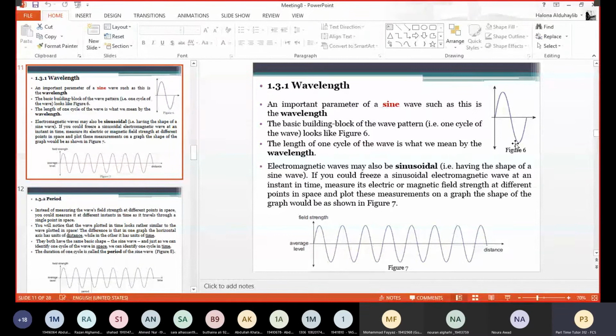Electromagnetic waves may also be sinusoidal. Sinusoidal means having the shape of a sine wave. If you could freeze a sinusoidal electromagnetic wave at an instant in time, measure its electrical or magnetic field strength at different points in space and plot these measurements on a graph, the shape of the graph would be as shown in figure 7.